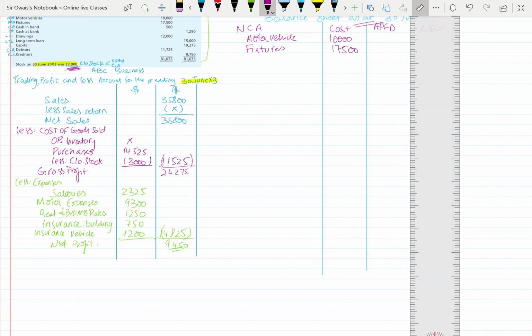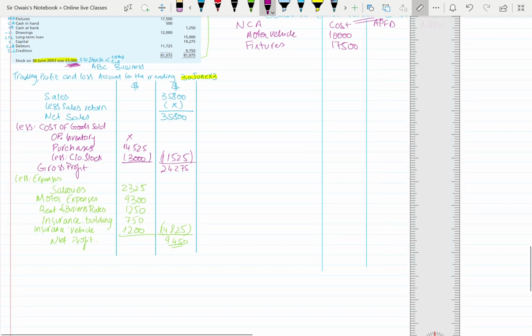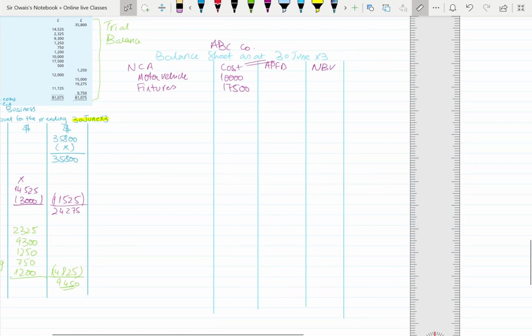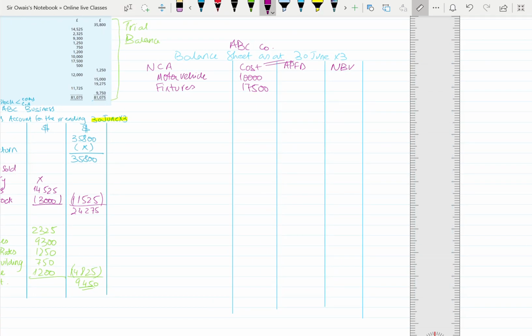Then we have no other non-current asset. Yeah, so let's just total them. No depreciation, so this would be 10,000 here, and then 17,500 here. Total non-current assets.